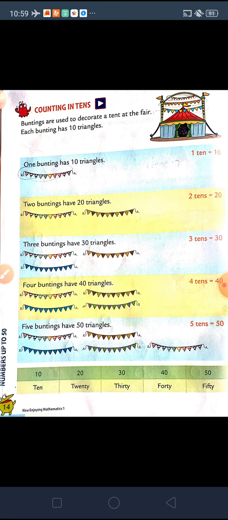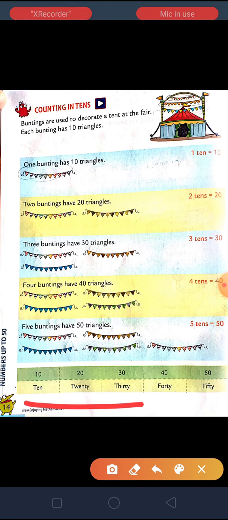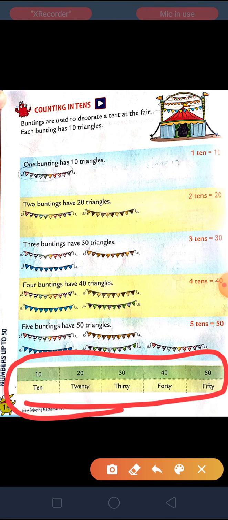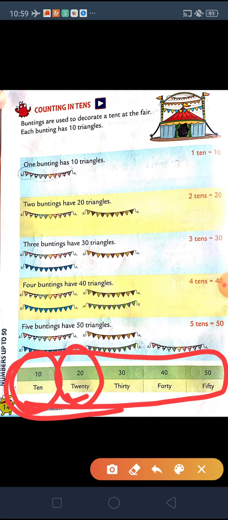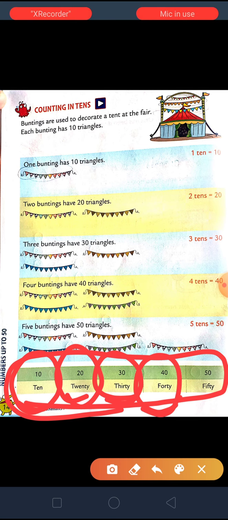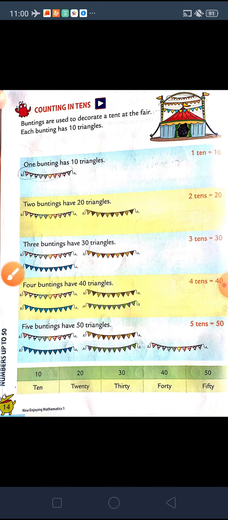As you can see here, they have given number names. 10, you know the number name very well, TEN, 10. Let us revise. 20, TWENTY, 20. 30, THIRTY, 30. 40, FORTY, 40. 50, FIFTY, 50.